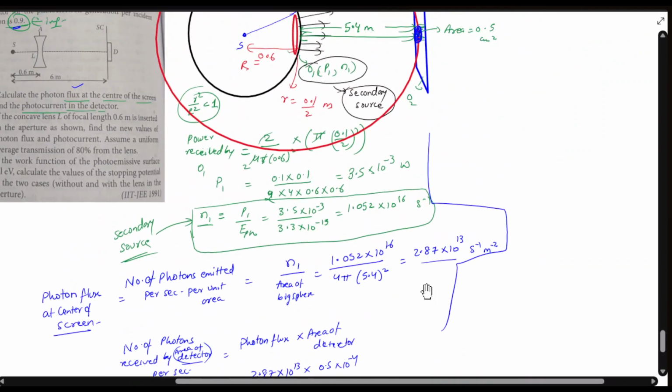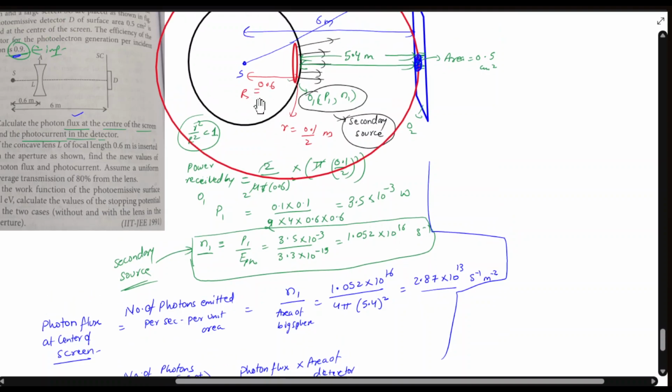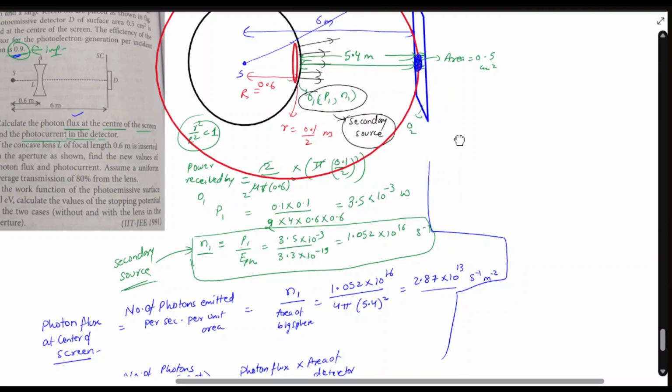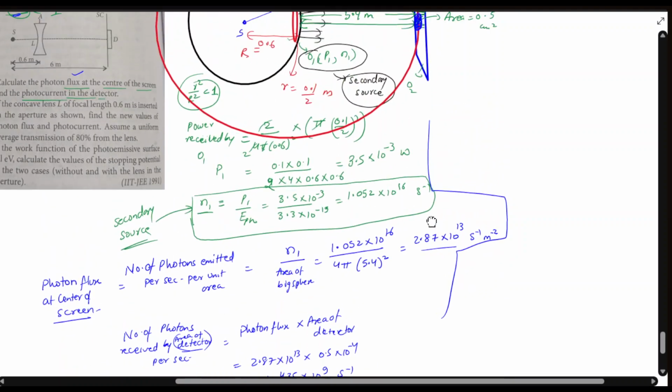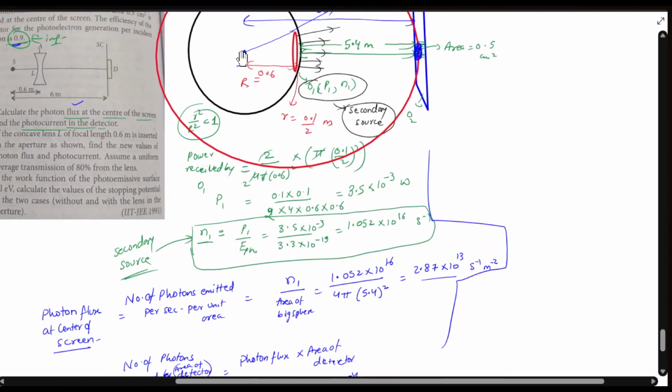So we have to use the concept of power upon area of sphere into the area of circle two times. First here, then we have to use it here. Look, first this was the source, then we find the power received by this observer.